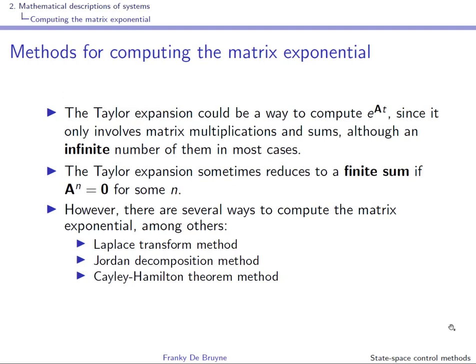This is why this Taylor expansion reduces to a finite sum. The reason why we spend so much time on the computation of the exponential of At is that, of course, this quantity intervenes in the solution of the state space system. We will also see later on in the course that the quantity exponential of A Ts will be used when we discretize the system, when we obtain a discrete time state space description of the system. Here Ts is the sampling period. So this matrix will also be important.